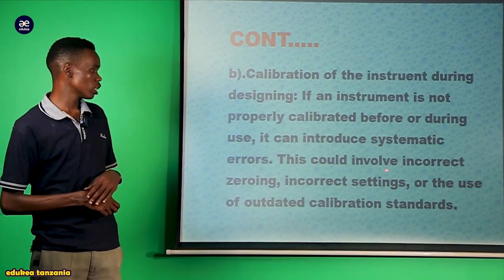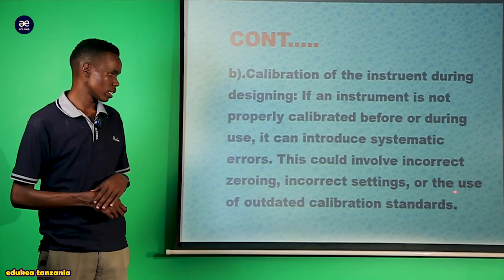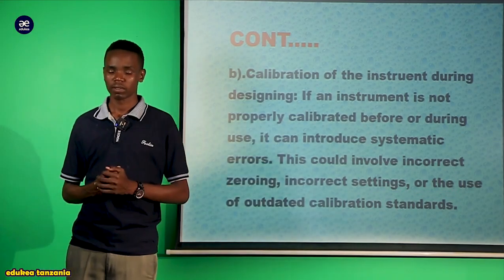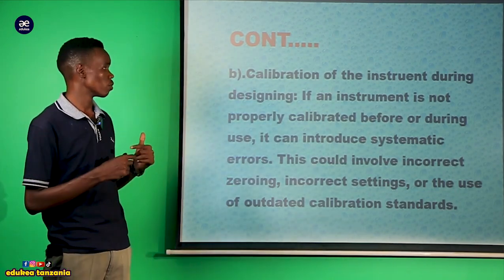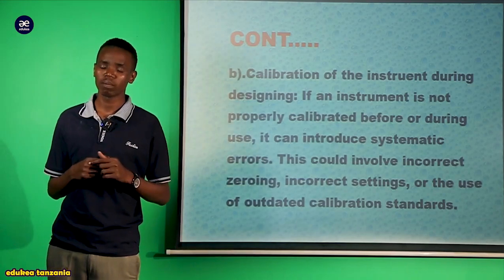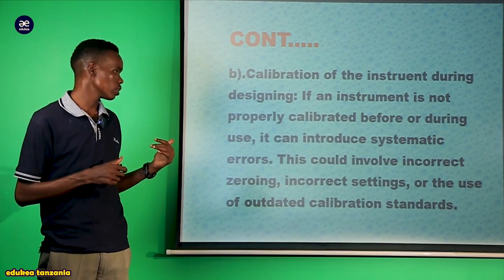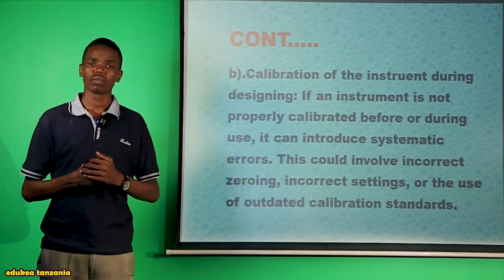So this could involve incorrect zeros, incorrect setting, the use of alternative calibration standards. This calibration of the instrument, my dear student, occurs when we are not involving the zeros.